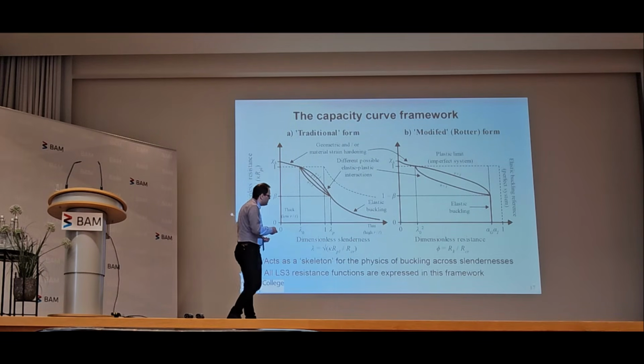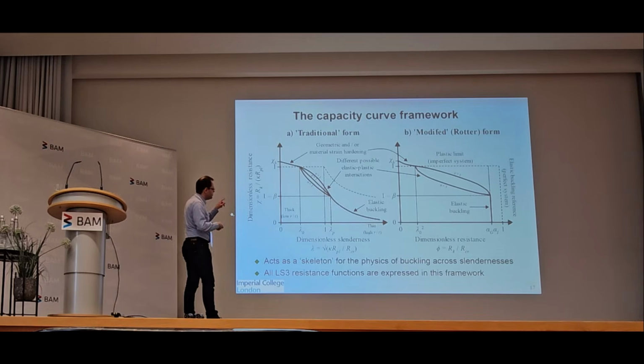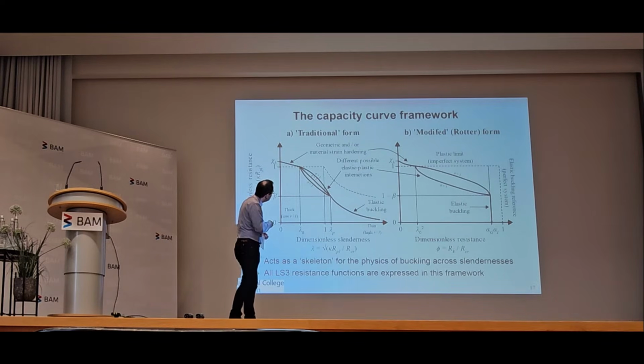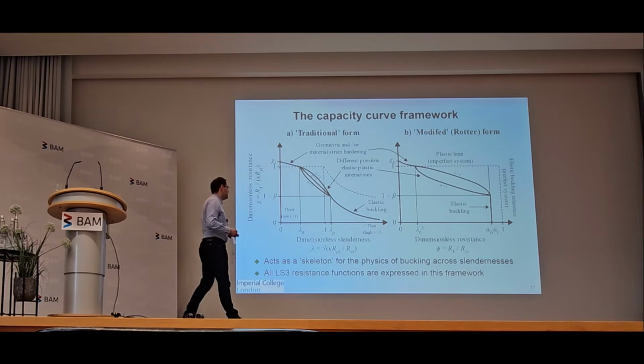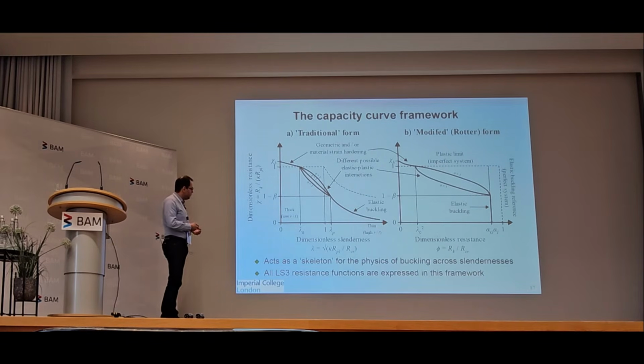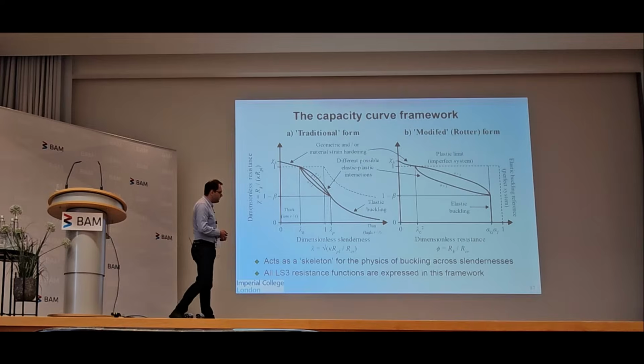It is advantageous to look at this relationship in this form, particularly when you're considering elastic buckling, because what you're essentially showing is this ratio. It often becomes a vertical line, and it makes this point very easy to identify, as we will see. So, as mentioned, all of the resistance functions for buckling are expressed within this framework.